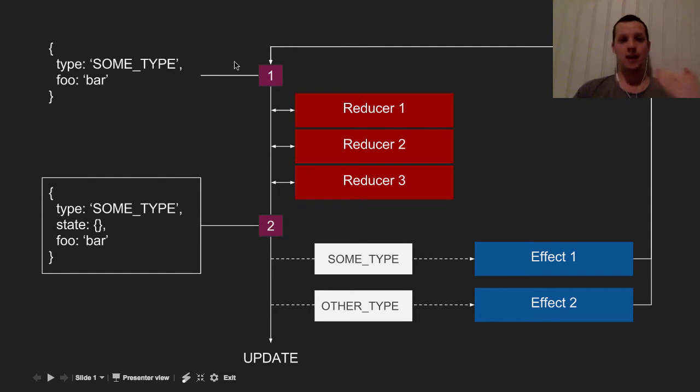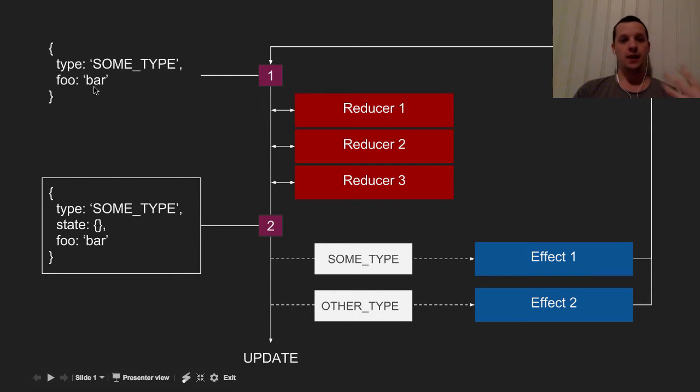In this architecture, you don't do that. Instead, it takes the action, runs it through the reducers, and then it attaches the current state of the application, all the state, to the action. And the reason for that is that very often you need access to the current state of the application when you do side effects.